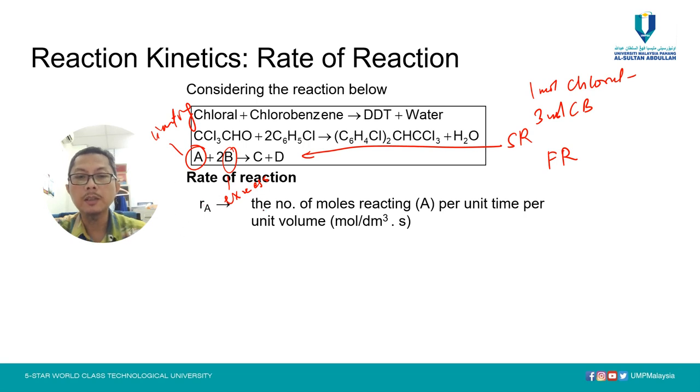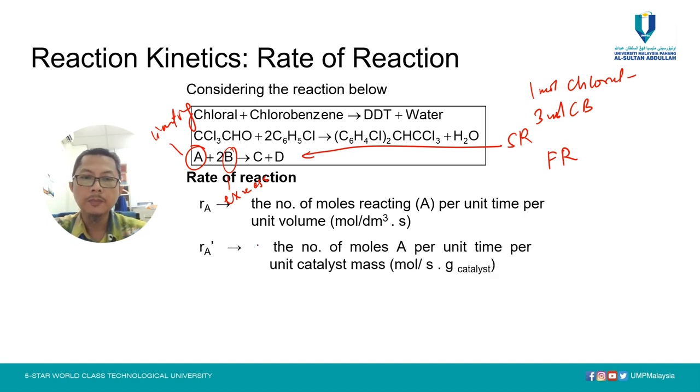So r_A is the number of moles reacting per unit time per unit volume. It can be mole per liter per second. It is positive or negative. Next is another symbol for the rate, r_A prime, which is the number of moles per unit time per unit catalyst, or mole per second per gram catalyst. Or we can also write it the other way around, which is mole per gram catalyst per second.